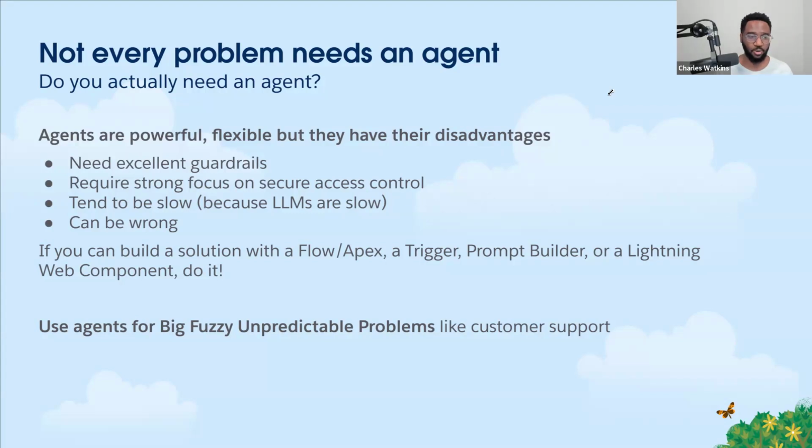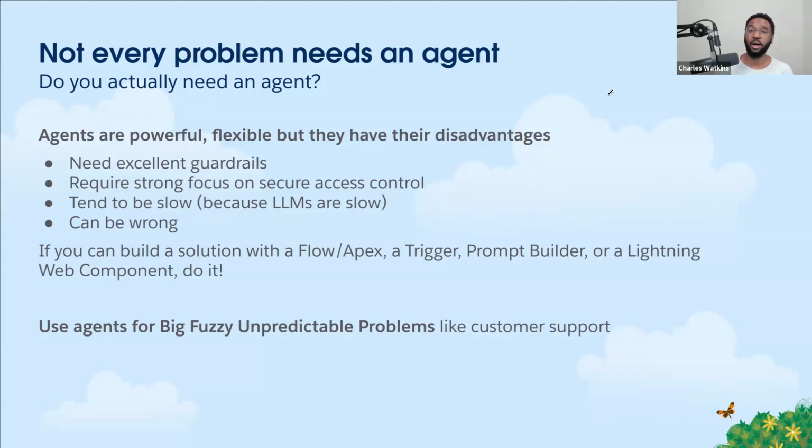You need to think about guardrails. You need to have a really good focus on secure access control, especially for externally facing agents like the service agent. LLMs are not that fast, so agents are kind of slow. And of course, you have to be comfortable with the agent occasionally being wrong in some cases. They are smart, but they are not all knowing.